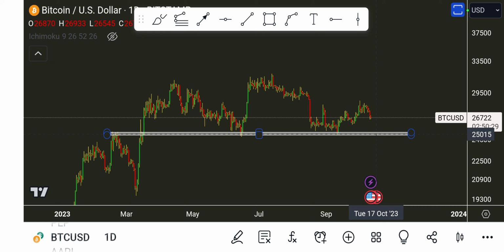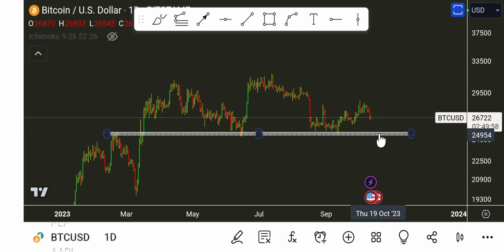So there is a memory that has been laid down here, a memory that people have from the past, saying that when price gets to this horizontal level, it's time to take a drastic decision, either to open a long or to open a short. So it will find it difficult to break through this level and push lower.